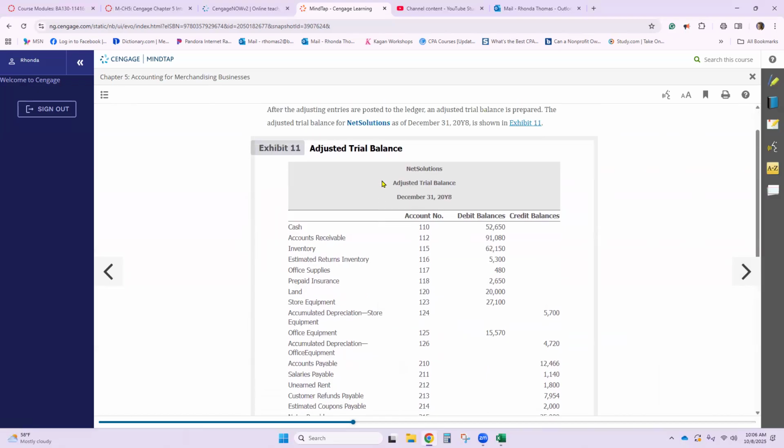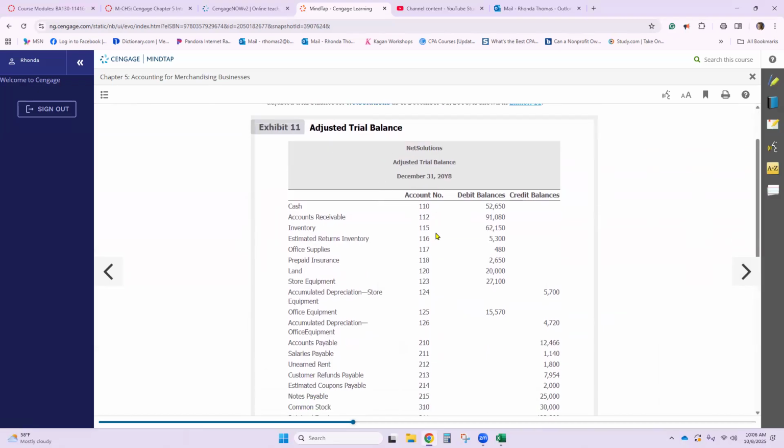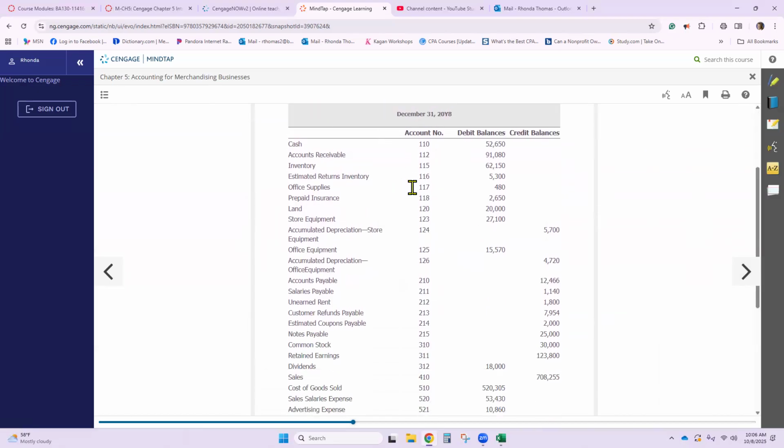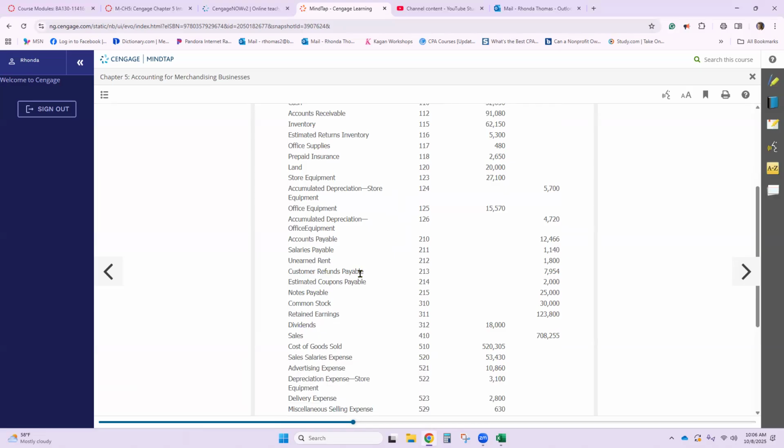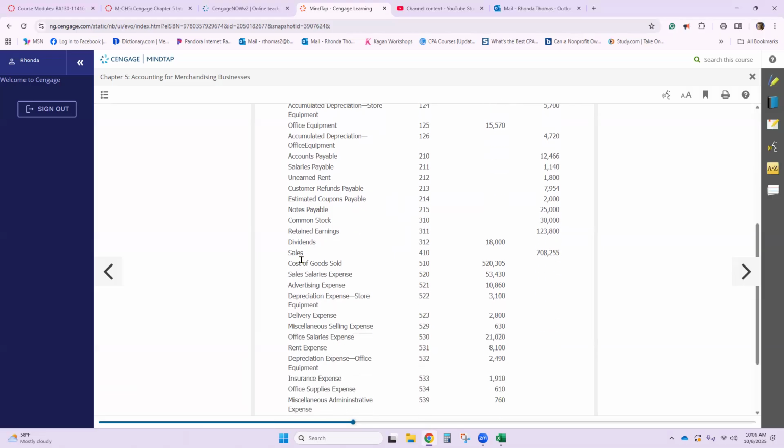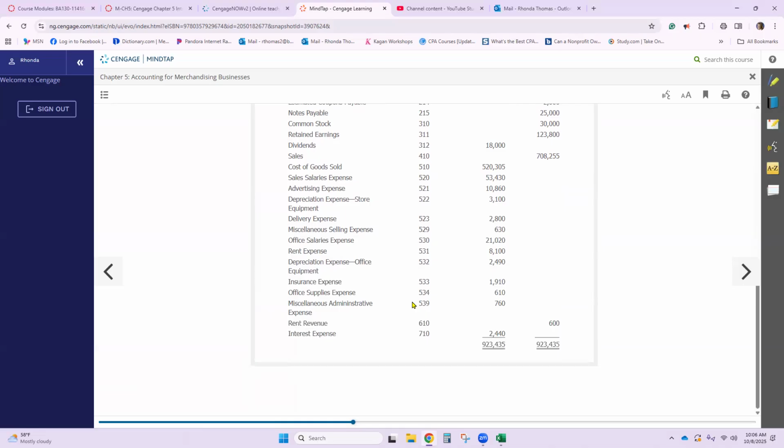If you look at the adjusted trial balance, you can see the new assets that are sitting here: inventory, estimated returns inventory. We have our new customer refunds payable, estimated coupons payable, liabilities. We have our new sales account, our new cost of goods sold account, and our delivery expense account, and any other that I might have missed.